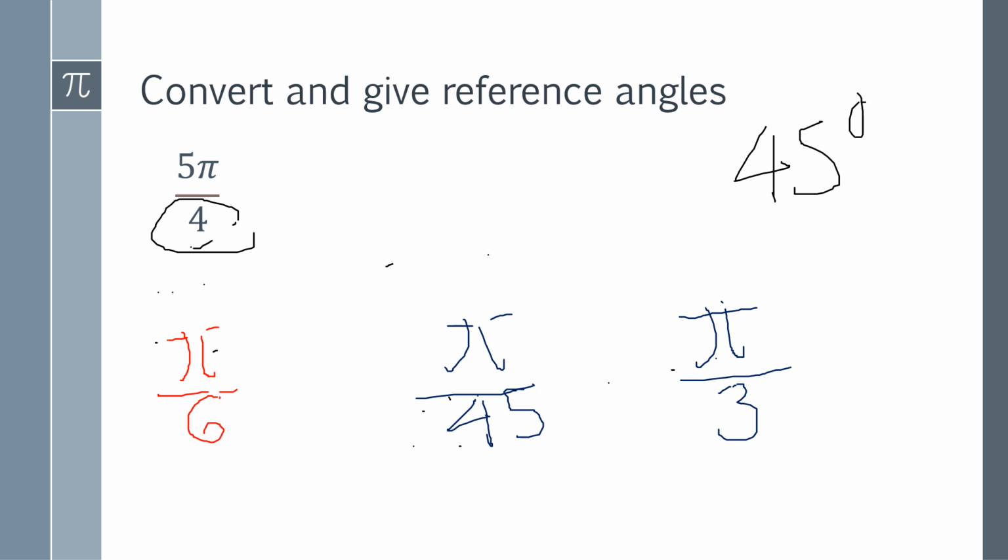If I got 30 degrees here, well, why is that pi over 4? Because pi over 4 is 45 degrees, that's why. I'm sorry about that, y'all. And then pi over 3 is 60 degrees. Put the circles there. It's hard doing this on a mouse rather than actually writing this out.